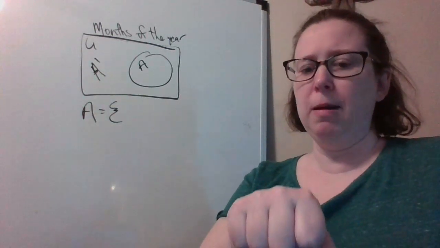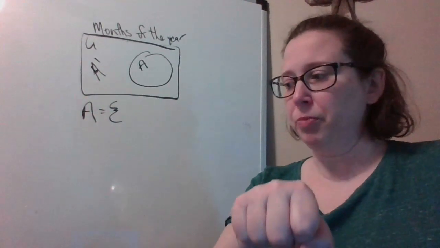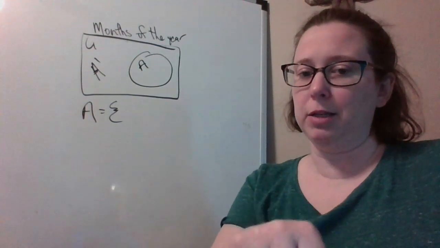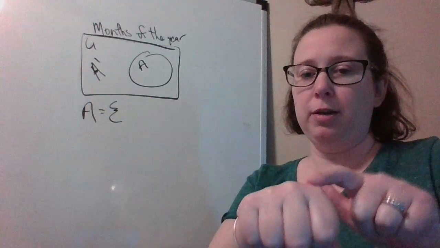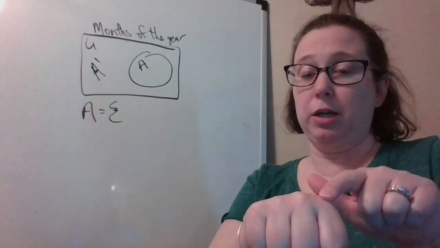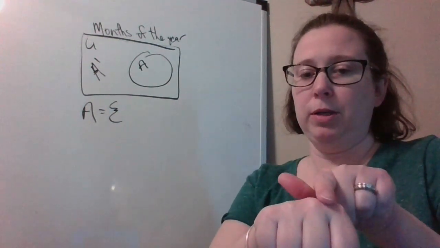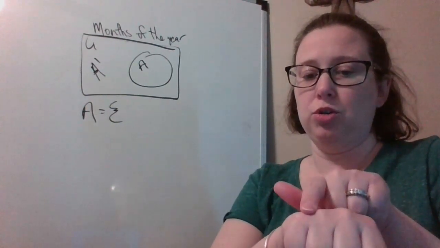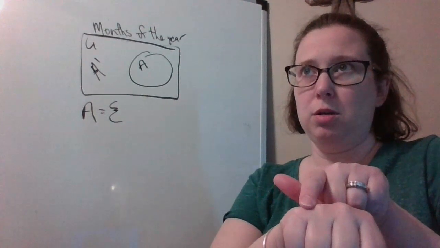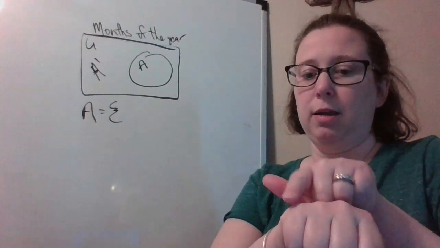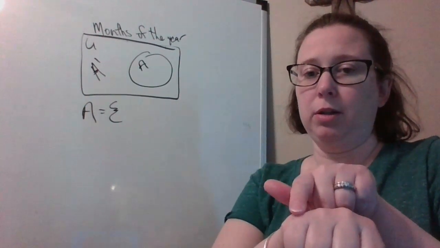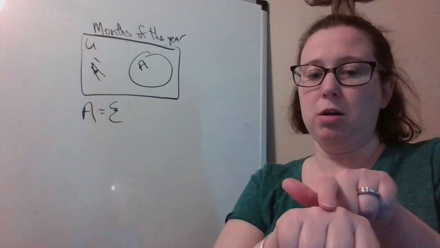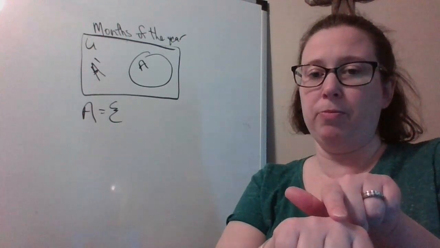my knuckles. But when I was in elementary school, we learned a handy dandy way to tell which months have 31 days. So if you start with a knuckle and say that's January, and then in between is February, March, April, May, June, July, and I've run out, so I have to go knuckle again, August, September, October, November, December.